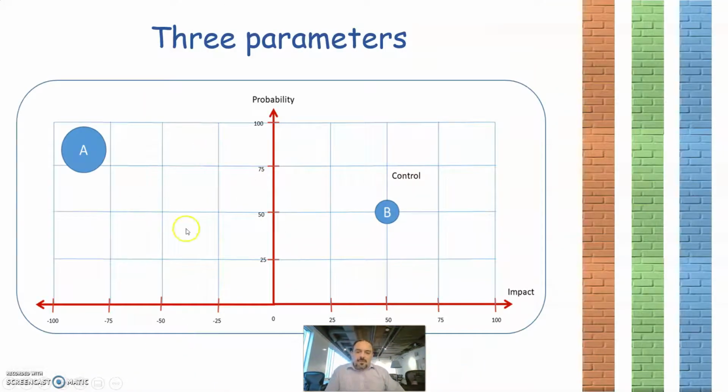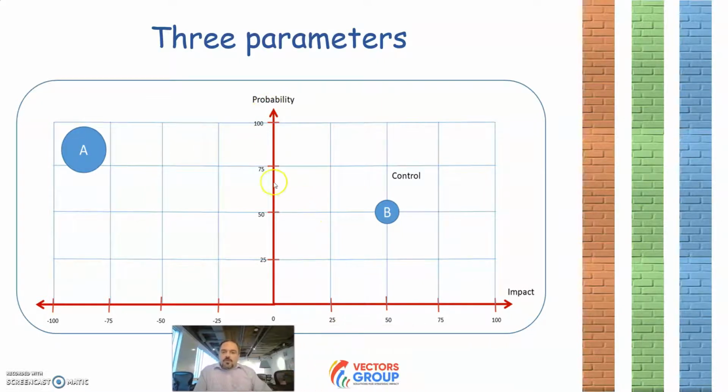Now, this is one of the charts we use. As you can see, there are two dimensions. The vertical dimension is the probability, which is very similar to the other risk management tools. The probability is between 0 and 100.